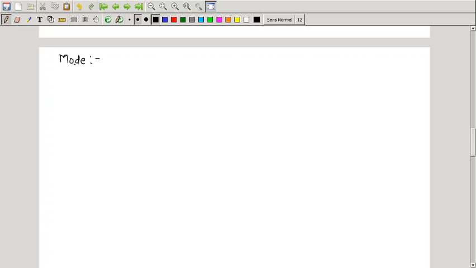So for finding the mode, we have to firstly write the PDF of the distribution, then take the first derivative and equate it to 0, and we get some value of x.